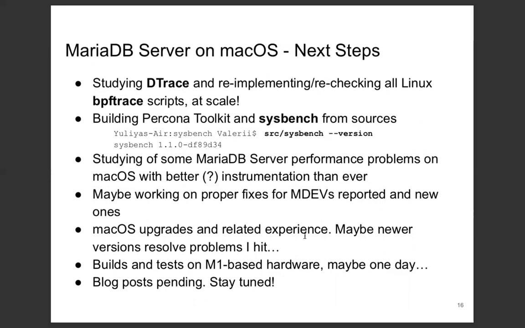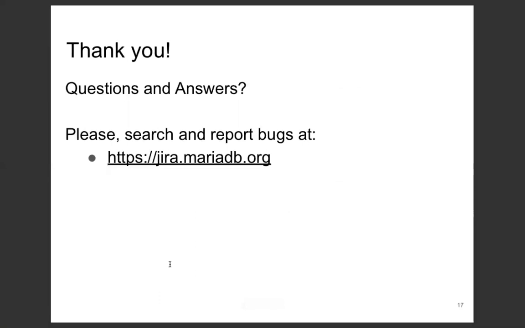So that's what I'm going to speak and write about in the upcoming months this year. And my eventual goal, performance-wise, is to get my hands on some newer Apple hardware based on the M1 or maybe M2 chip and run tests at scale. For now, I'm just preparing for that. So that's all from me today.